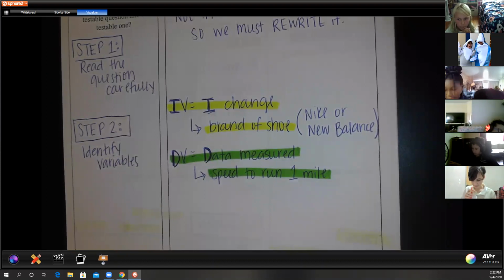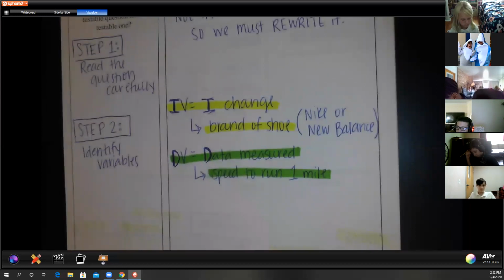I wear different shoes because different shoes have different purposes. So after I did this experiment, I realized that a specific brand of shoe was better for me to run a mile versus the pair of shoes that I used when I ran my marathon. They're different. Athletes do this stuff all the time. They figure out what works best for them so that they can perform at their best level.